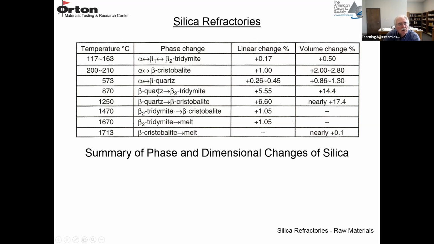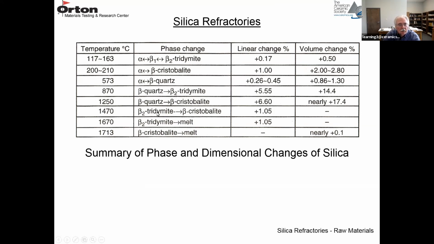And then the transformations, beta quartz to beta tridymite, the reconstructive, and beta quartz to beta cristobalite, the much bigger change, so 5.5% less the first one, 6.6% for the second one. Linear changes, and then our larger volume changes, 14.4 and 17.4.